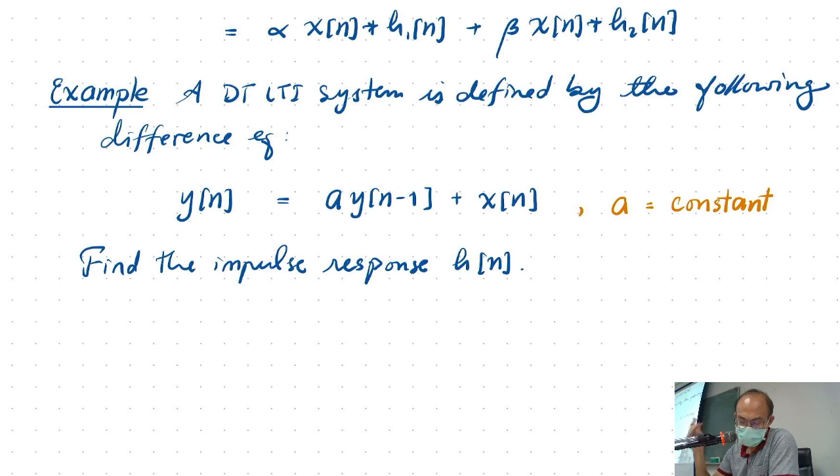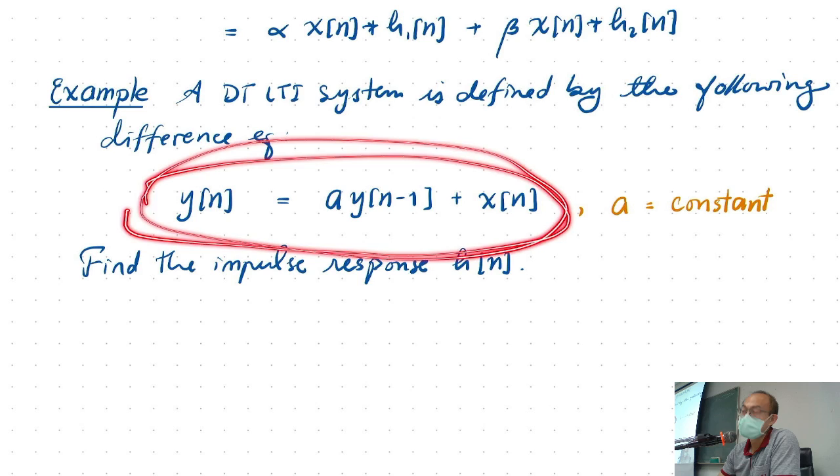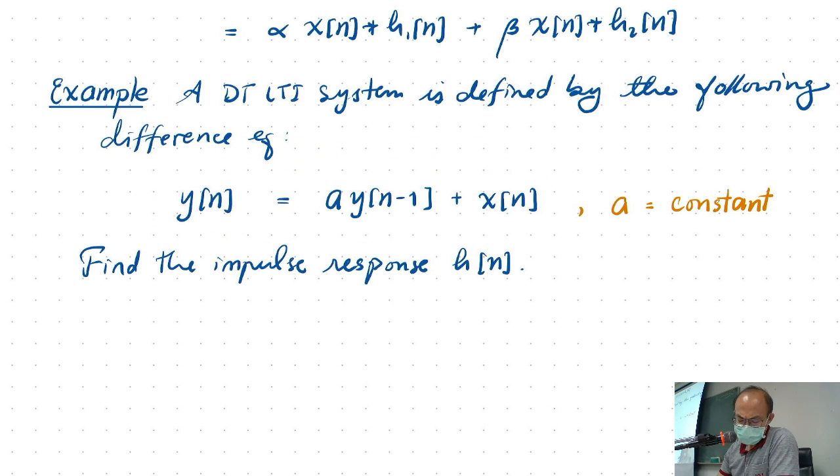This is a rather simple difference equation, but if the difference equation is more complex, then we will not be able to use this method, and we may have to use Z transforms to find the impulse response.